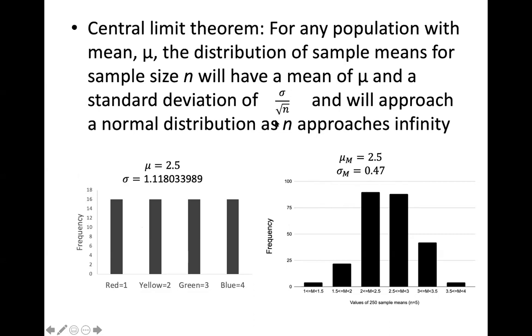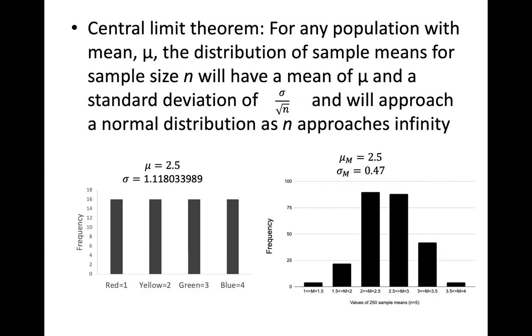So yes, I did actually calculate this number, 0.47, which is the actual standard deviation of the distribution of sample means. But what I want to prove to you is that the central limit theorem actually predicts that. This 0.47 is very, very close to the number you're supposed to get when you take 1.18 and divide by the square root of 5. And I want us to prove that to ourselves right now.